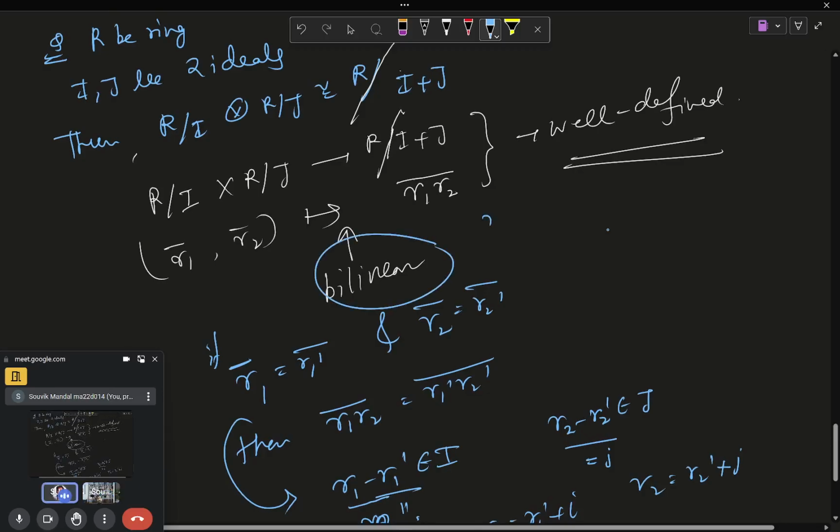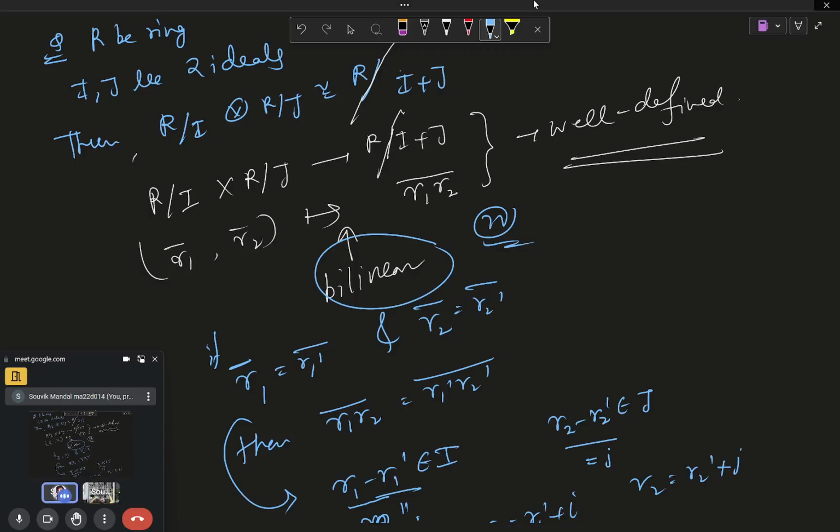Now check that this map is bilinear or not. Yes, it is bilinear.